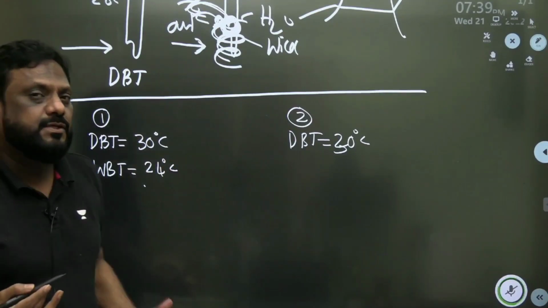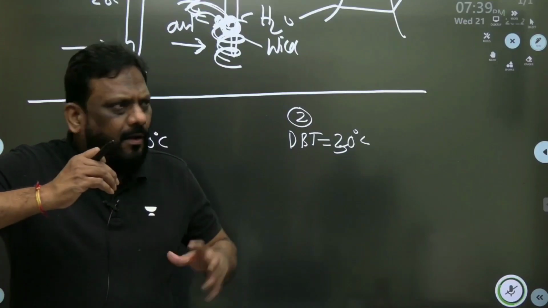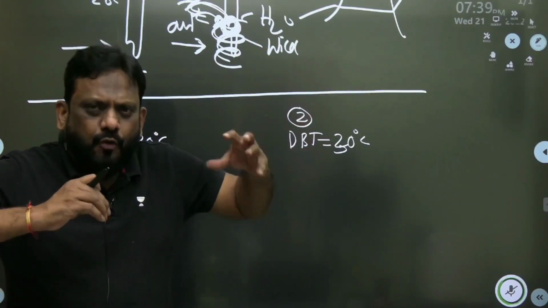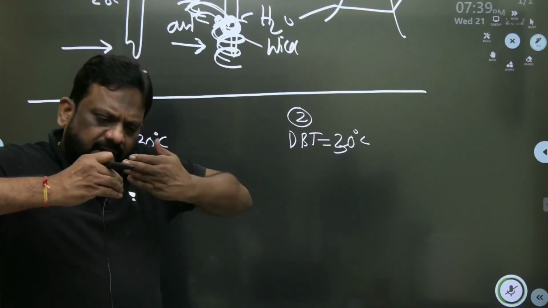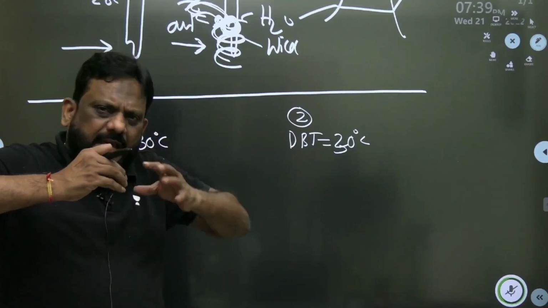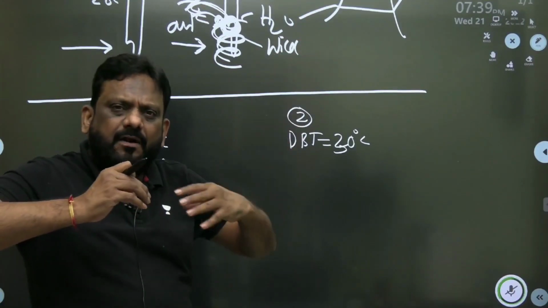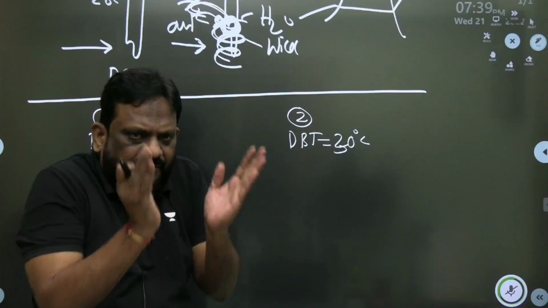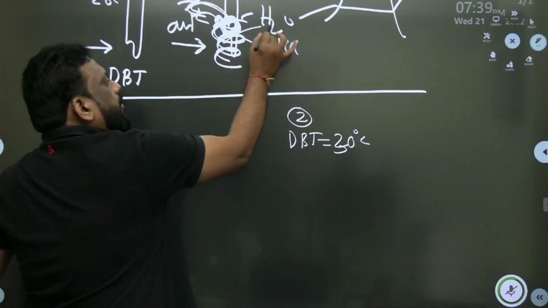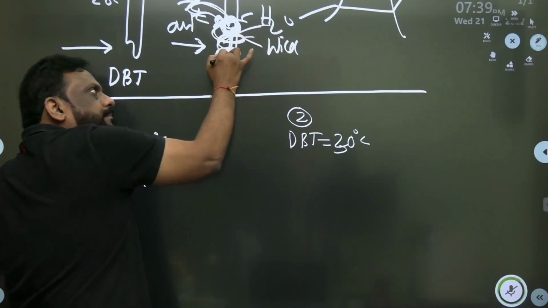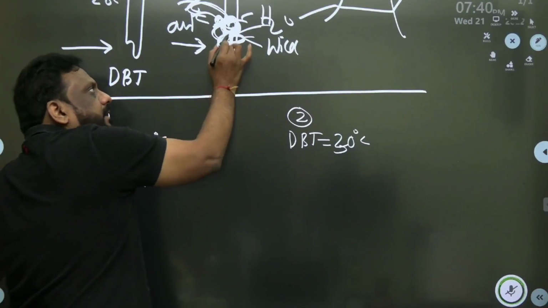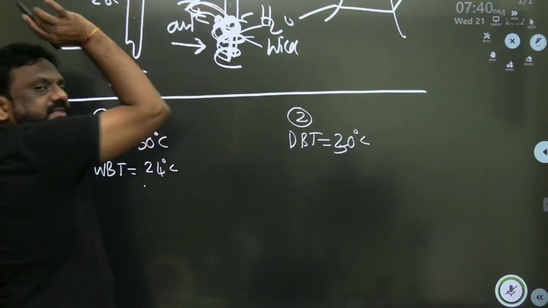It will definitely be less. Why? Because when unsaturated air flows over this, what will happen? Water vapor is added to the air, and due to evaporation from the wick, the temperature of this will fall, and thereby it is recording a temperature less than this.